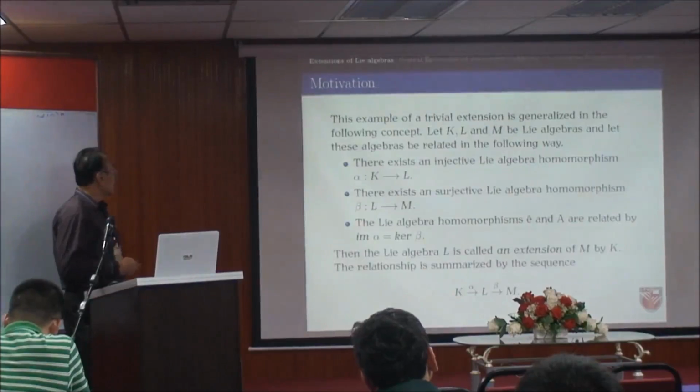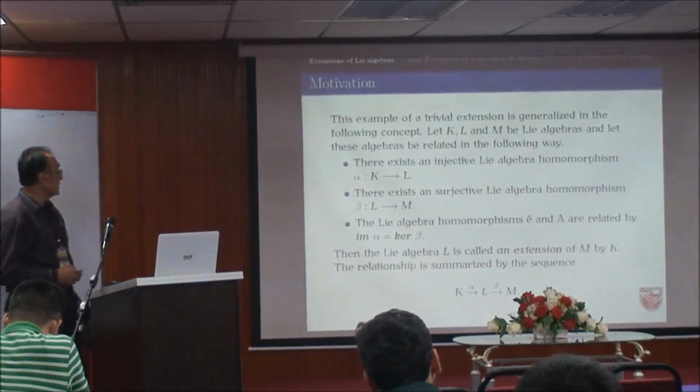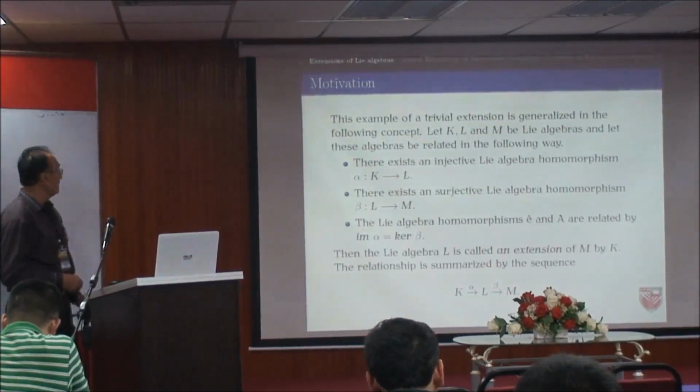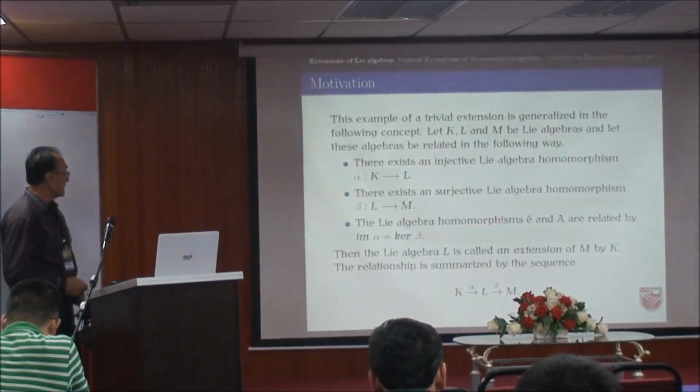So now, the general case, according to this example: if you have now three Lie algebras K, L, and M, and an injective Lie algebra homomorphism alpha, and a surjective Lie algebra homomorphism beta, then let us assume we have such a condition. Here alpha, here beta, alpha and beta, sorry.